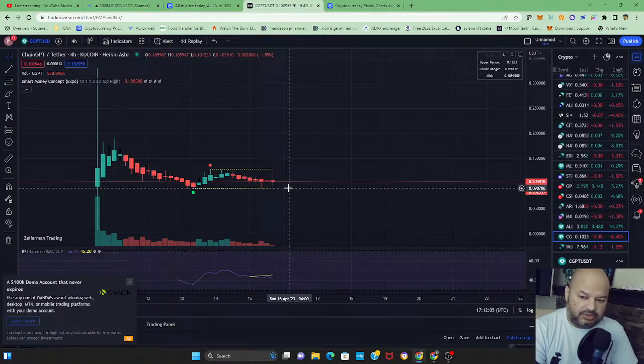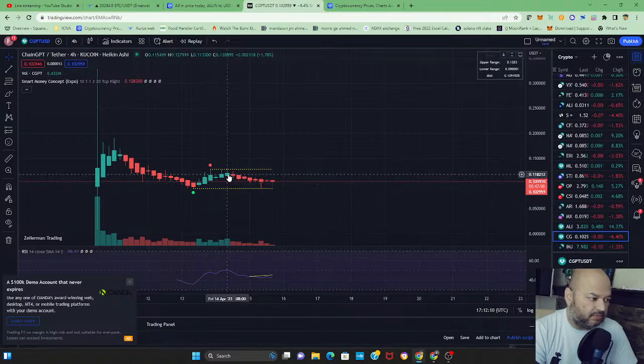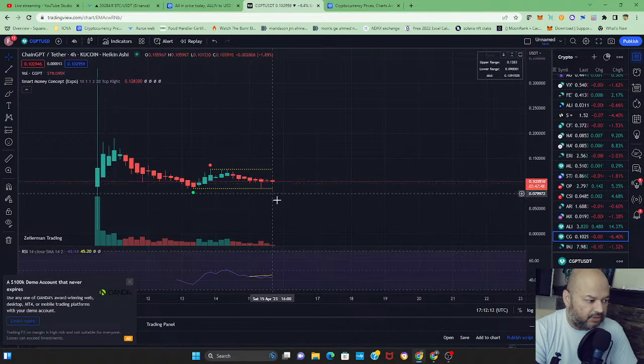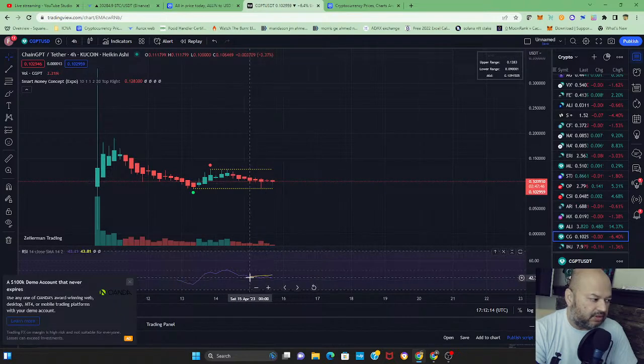The thing I would like to mention is the hidden bullish divergence here. The prices are falling, and here you can see the RSI is kind of rising a little bit on a trend line.